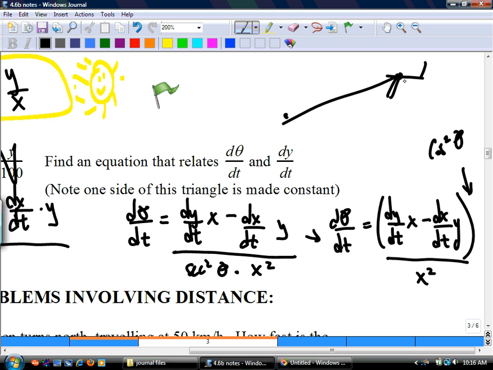Yeah, I know I can't draw. So you're standing here and you're watching how fast that angle here is changing. It's how fast you have to move your head as the plane goes above you. So it's that motion. And then your head snaps off when you reach 90 degrees.